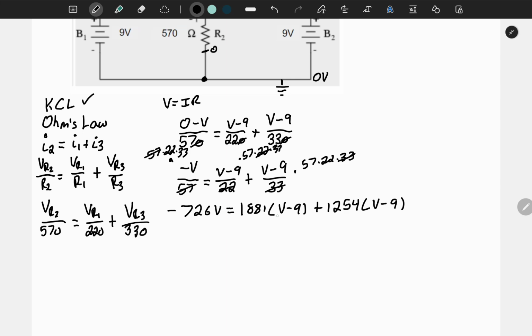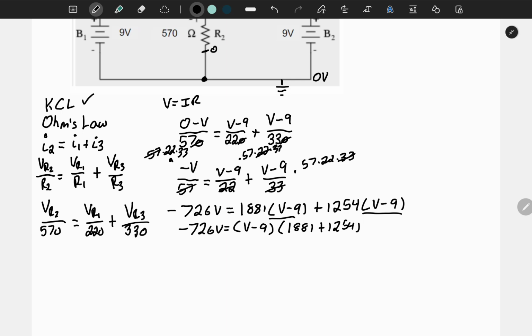So one thing I can do here as well, both of these terms have V minus 9, meaning I can actually just factor this out. So V minus 9, and this would leave 1,881 plus 1,254. And let me not forget the equal sign.